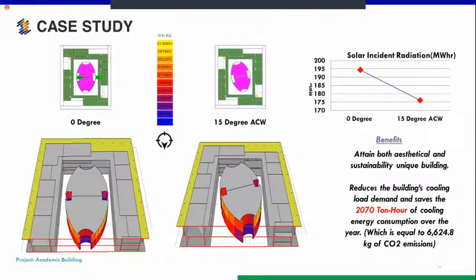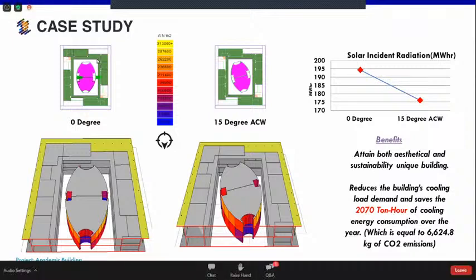This is the same academic block which I told you about at IIT Ropar. What happened with this design is that initially, when the architect designed it, it was at a perfect 0 degree. The central block which I'm showing right now is at 0 degree. We had a lot of limitations, like we could not rotate the building completely.